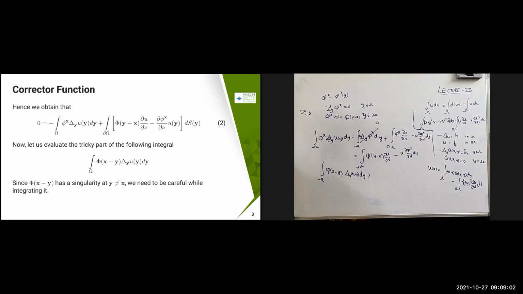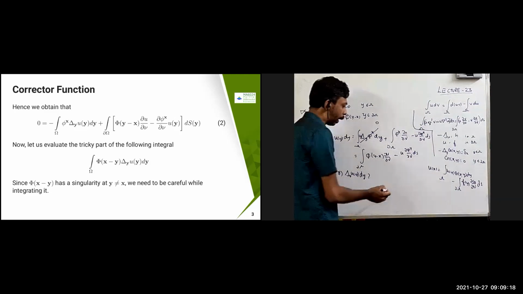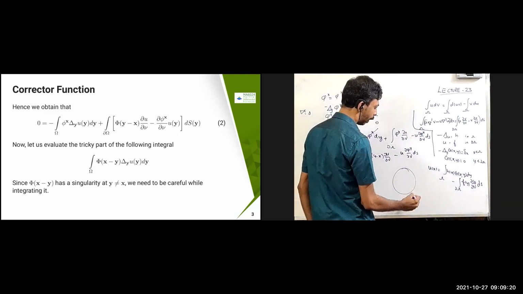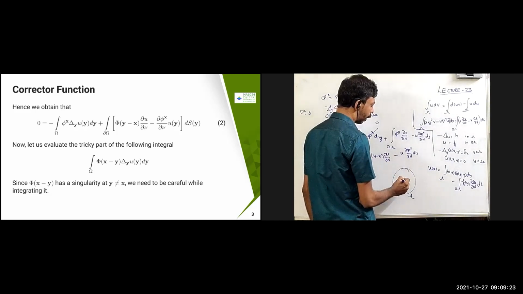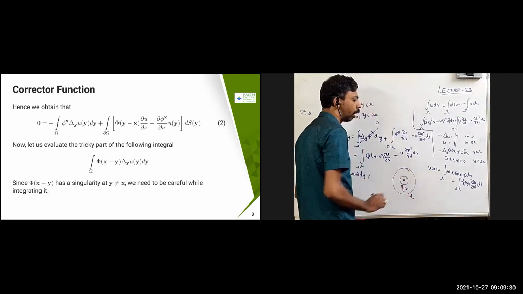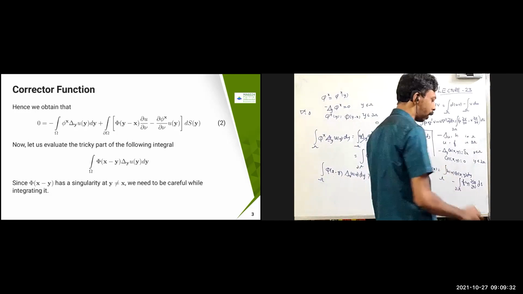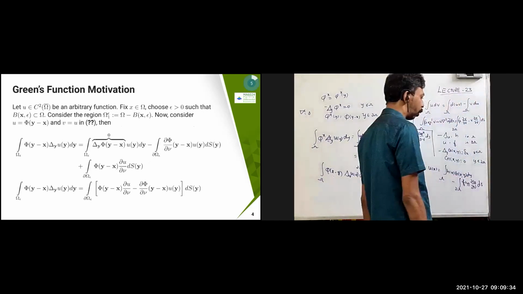This has a problem because this is a fundamental solution, where you have a singularity at x equal to y. Therefore, we should be very careful while integrating this one. So what I'm going to do is, as I used in the wave equation, where we were trying to find the solution on omega with some singularity, instead we took the ball B epsilon of x and then shrank the ball slowly and obtained that. Similar kind of things we are going to use over here.